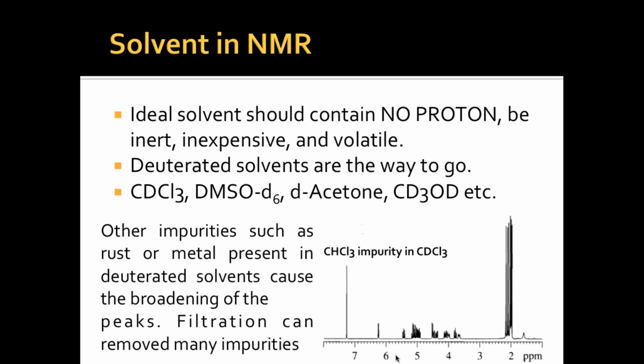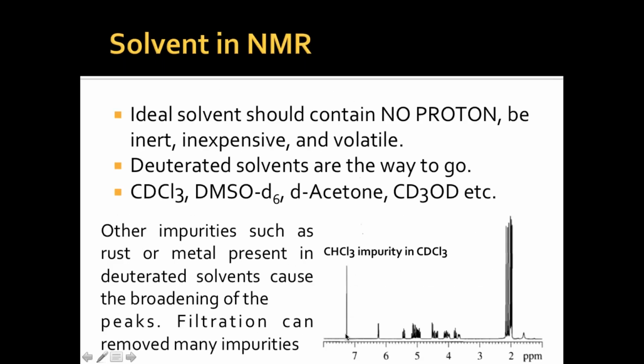Once you set the CHCl3 hydrogen at 7.26 ppm, you know the rest of your spectrum will have the same reference, so you can compare the NMR spectra with each other. That is the benefit of having the same value of the NMR solvent in every spectrum. So that's the reason we need a reference peak, right?